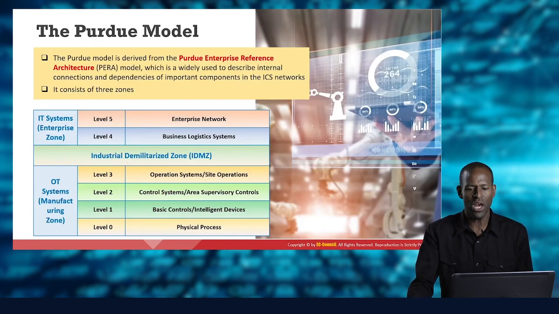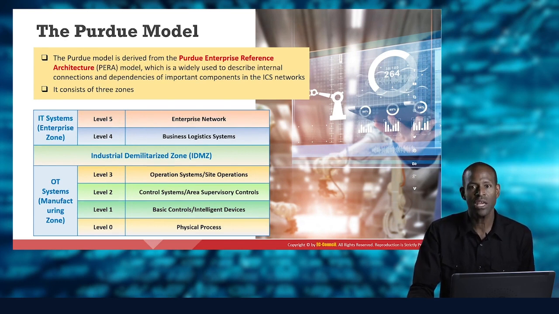What we need to have a look at here is what's called the Purdue model. The Purdue model is actually something that we get from the Purdue Enterprise Reference Architecture, or PERA, which is used to describe internal connections, all the dependencies that we use in ICS networks.